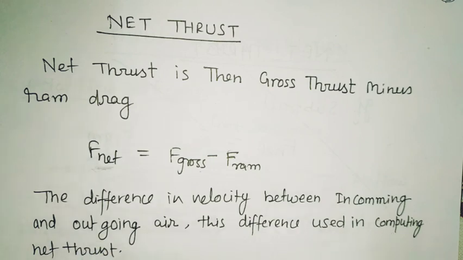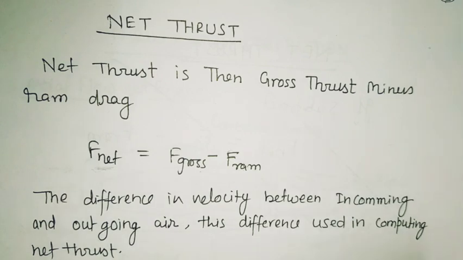That means now the aircraft is moving, so there is incoming air and outgoing air, and the difference between these two is considered. So gross thrust minus ram drag, whatever drag is produced, must be subtracted from gross thrust, and that is called net thrust.